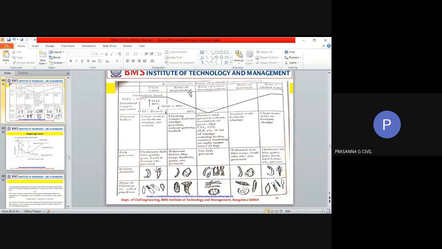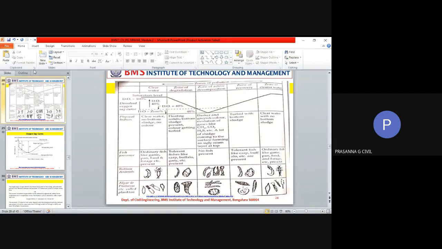So that means in the zone of degradation, as the degradation process starts, there is depletion of oxygen happening. And if you see this line here, it is indicating a DO of 0. So by the time the degradation has started and the stage of active decomposition is reached, the DO in the waters can go almost to 0.